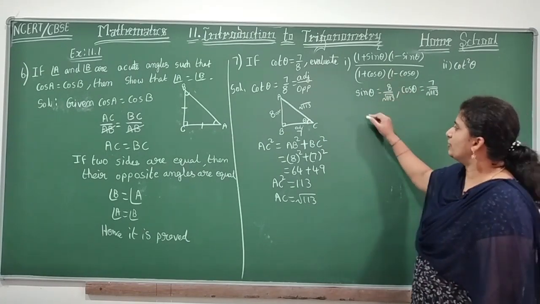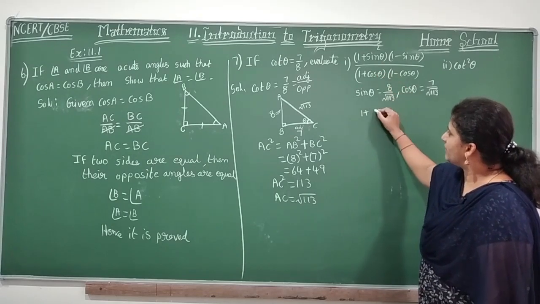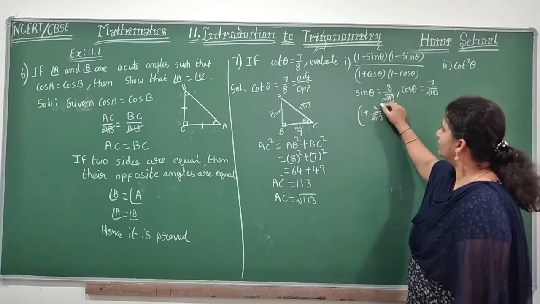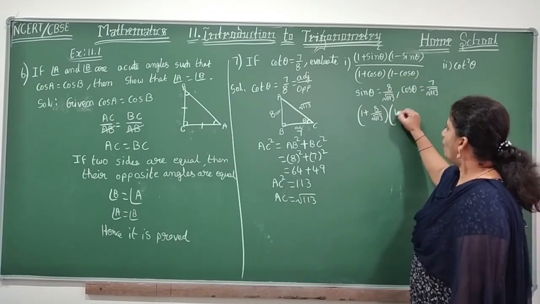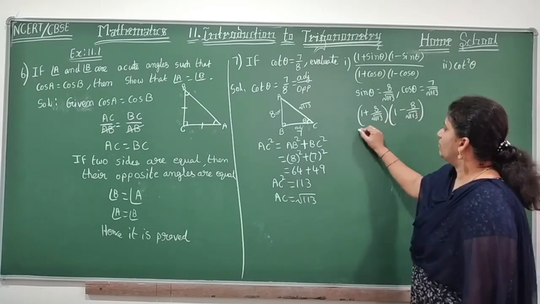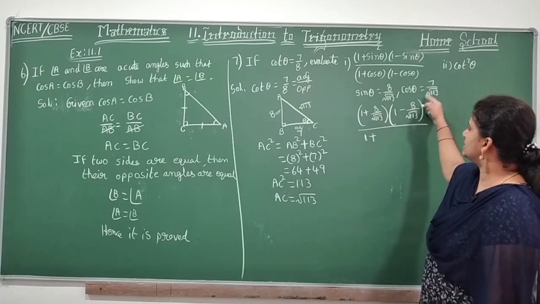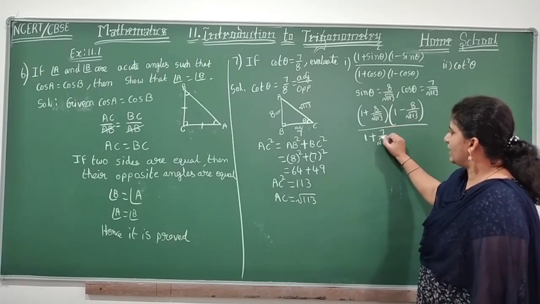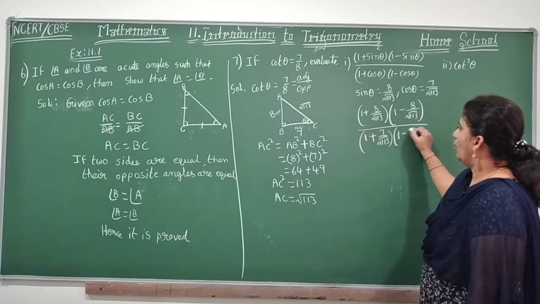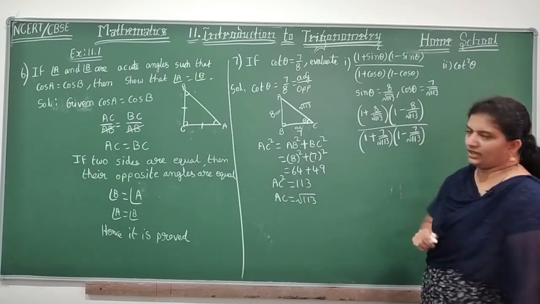Okay, now take the problem. 1 plus sine theta. Substitute sine theta here: 8 by square root of 113, into 1 minus 8 by square root of 113, divided by 1 plus cos theta, the value 7 by square root of 113, into 1 minus 7 by square root of 113.